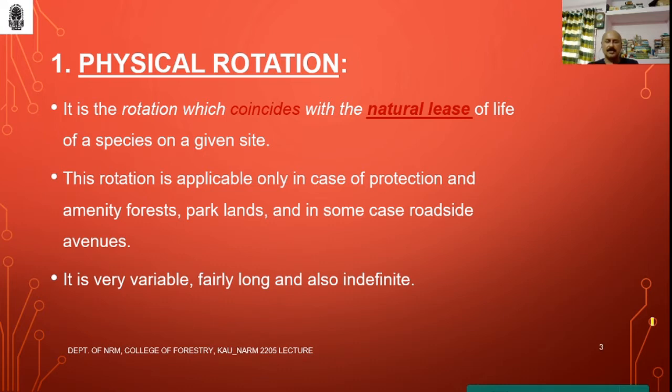That is what is called physical rotation. This rotation is applicable only in the case of protection and amenity forests, parklands, and in some cases roadside avenues. It is very variable, fairly long, and also indefinite. You cannot say what the physical rotation is going to be because it depends on how long the particular species, in this case the tree, can pull along. So the length of its life decides its physical rotation.